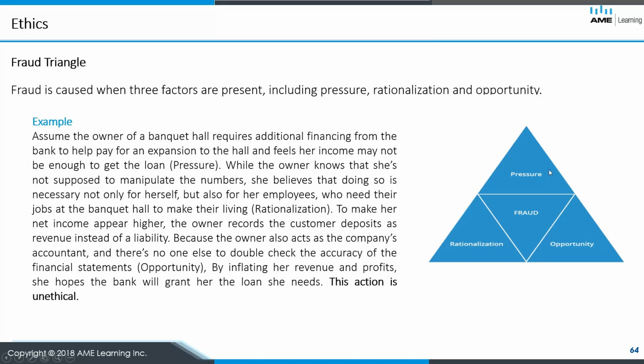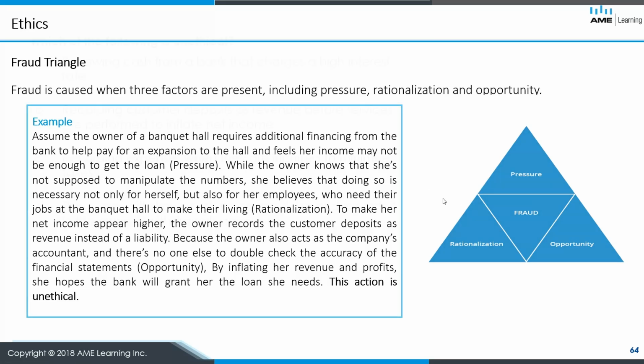Maybe the individual has a gambling problem. They have debts that they need to repay that they don't have the money to repay. They rationalize stealing money from their company by saying that the company treats them poorly. And then if they have the opportunity to actually steal, when you see these three things occurring simultaneously, that's when you have a higher risk for fraud to occur.